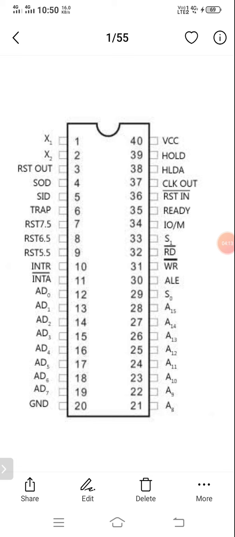We observed two different instructions now, so they have individual operational codes. Suppose, for example, the operational code of MOV A, B is 64, and MOV A, C is different from MOV A, B, so the operation code is changed.